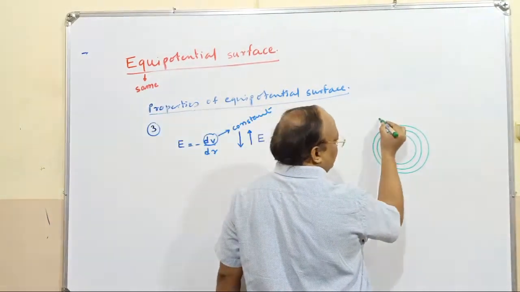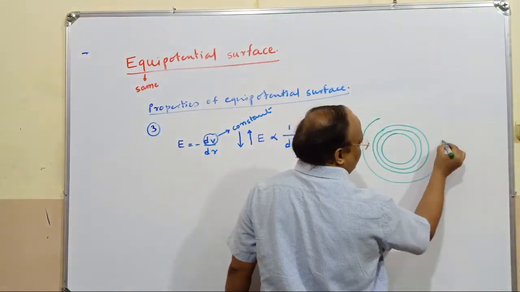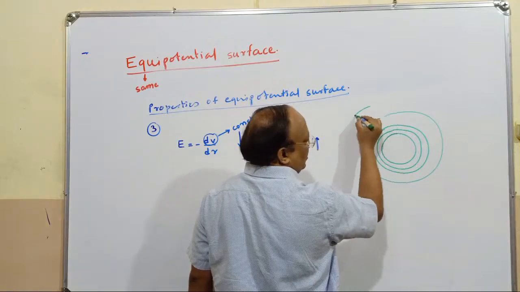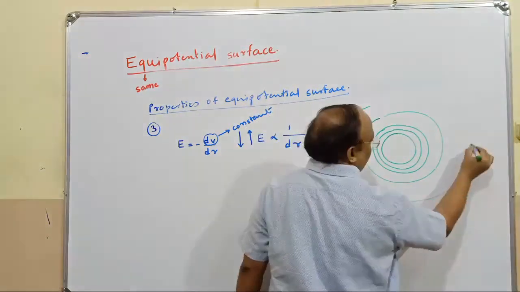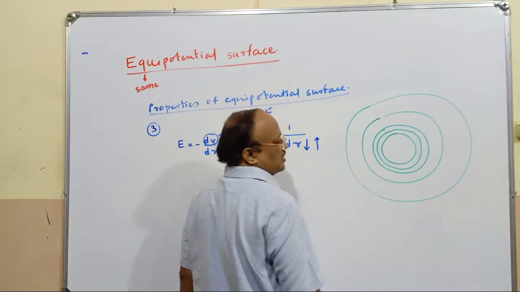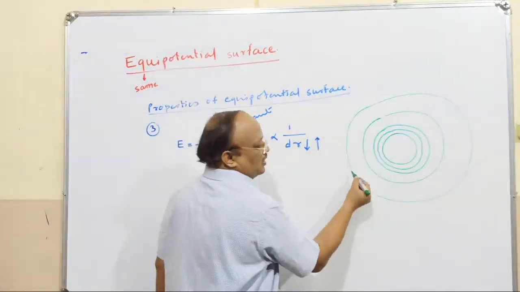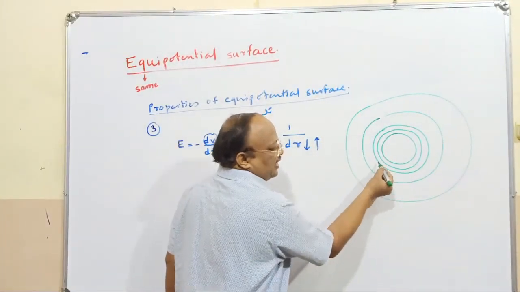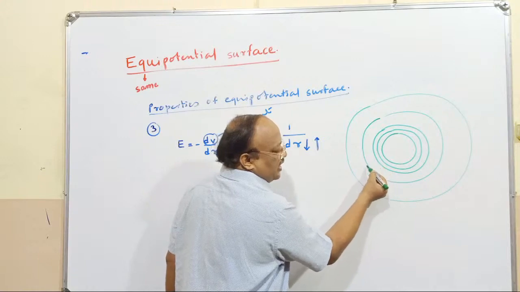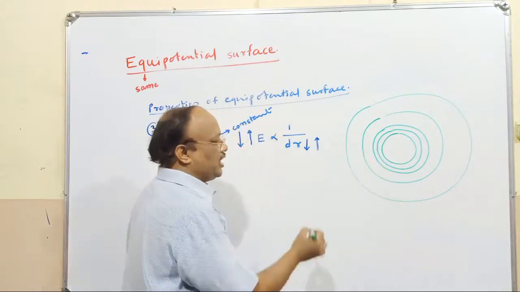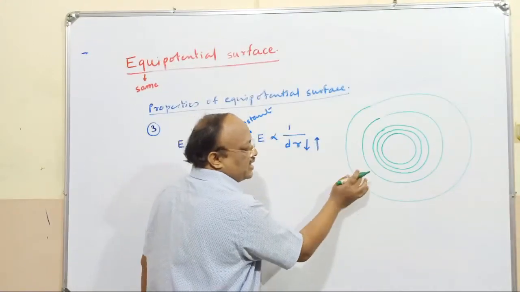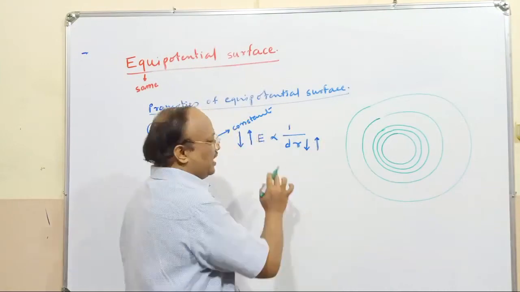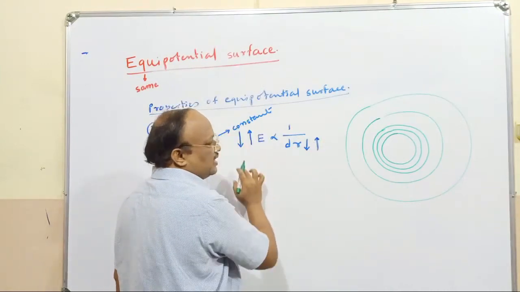If the separation between the equipotential surfaces increases, the electric field is less.